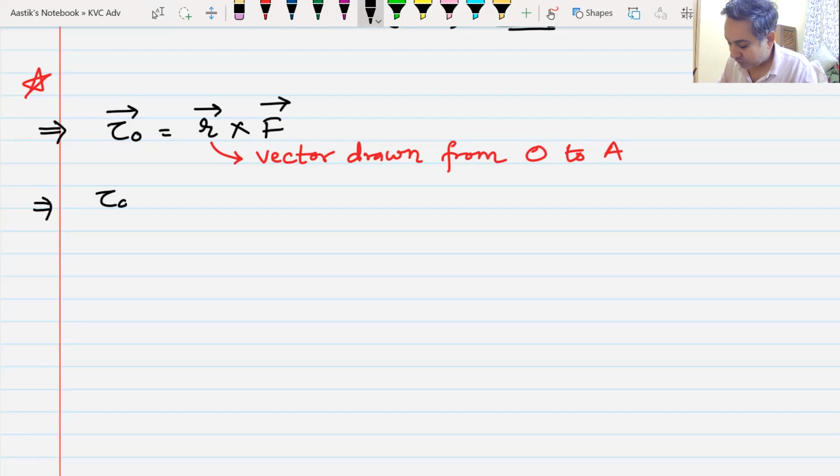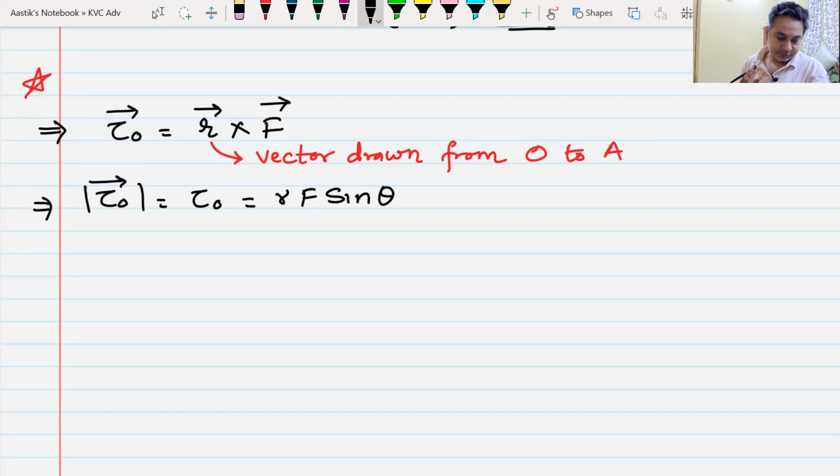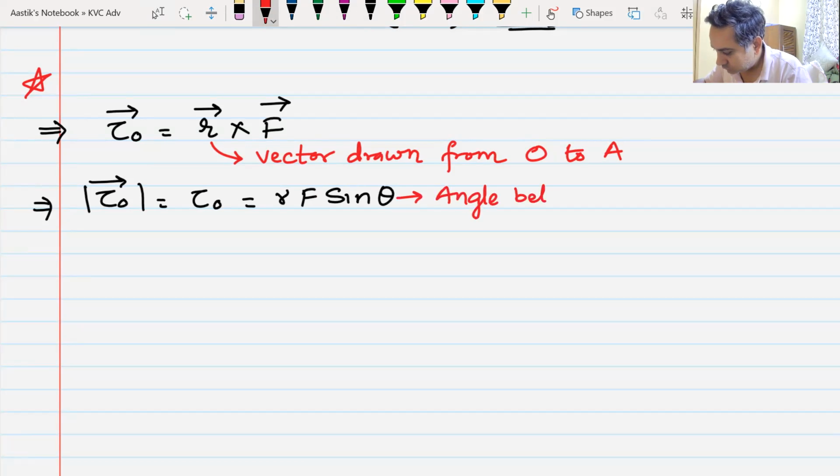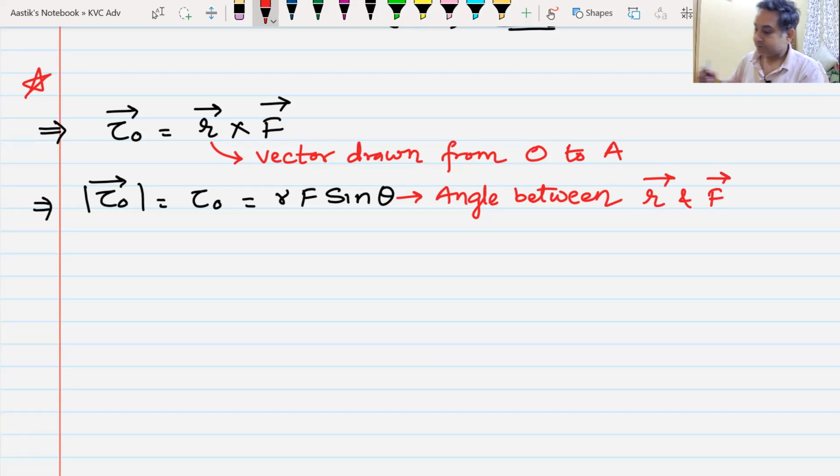Point number 2, the magnitude of tau naught, which is simply written as tau naught, can be written as R into F into sine theta, where theta is the angle between R vector and F vector.